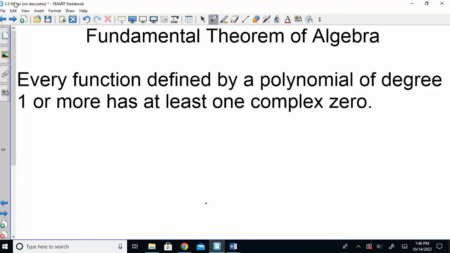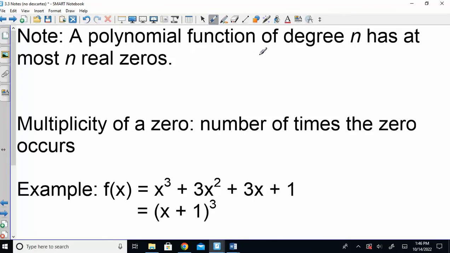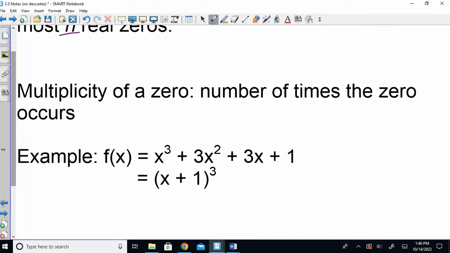Basically, every number, real and imaginary, is part of a complex number. So this just tells us we have zeros. The degree tells you how many zeros you're going to have. They might all be real numbers. Some might be real, some might be imaginary. So if it's a degree 5, we will have 5 total, but some of them could be imaginary.